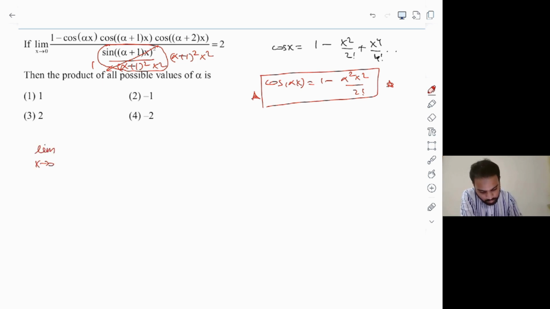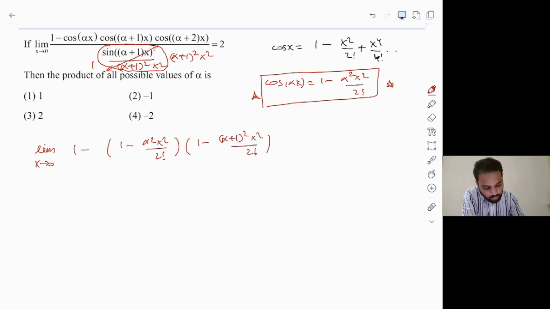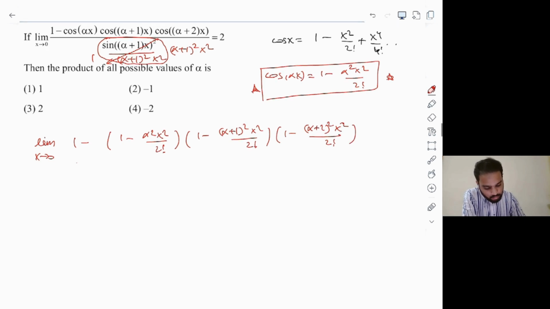Limit x tends to 0. As I've written here already, cos of alpha x is 1 minus alpha square x square by 2 factorial, multiplied by, in a similar way, the cos of (alpha plus 1) x expansion, which will obviously be 1 minus (alpha plus 1) whole square into x square divided by 2 factorial, multiplied by 1 minus, similarly, (alpha plus 2) whole square x square divided by 2 factorial, and the whole divided by (alpha plus 1) whole square multiplied by x square.